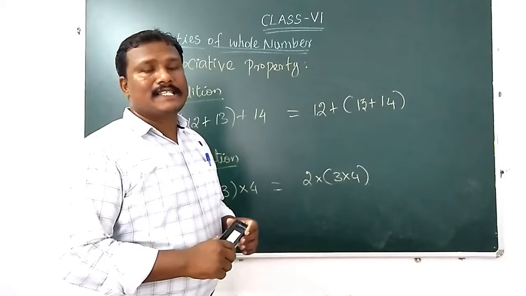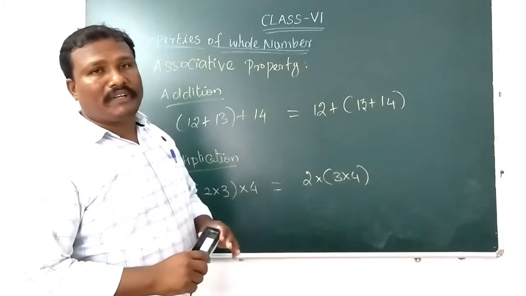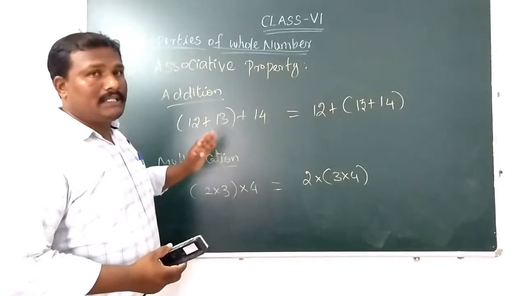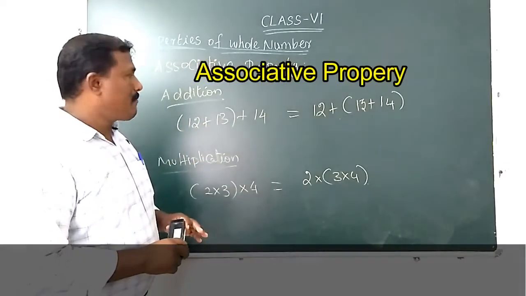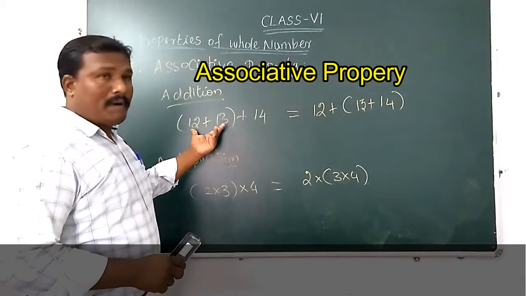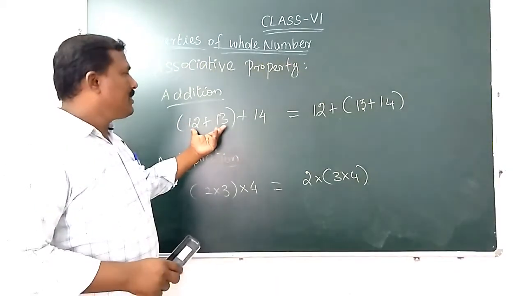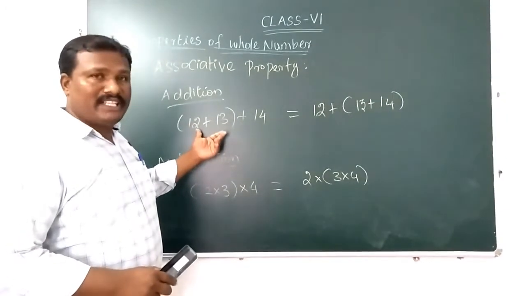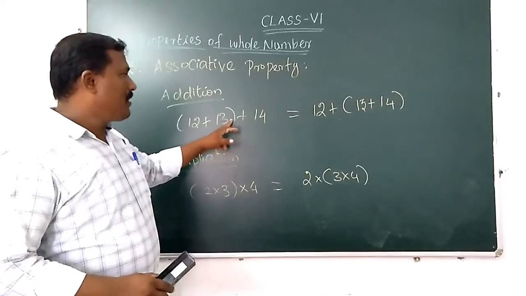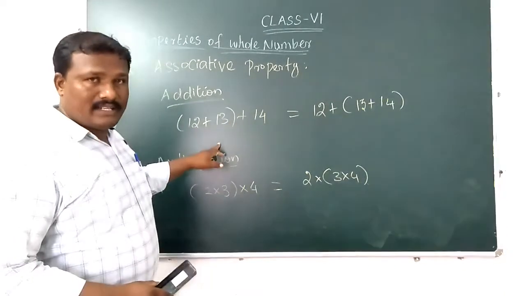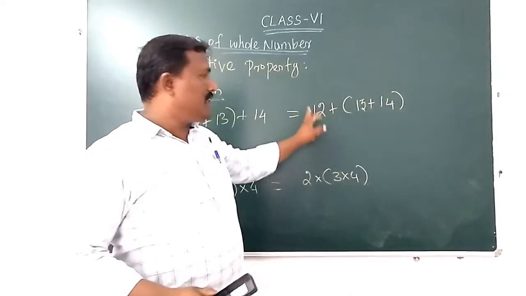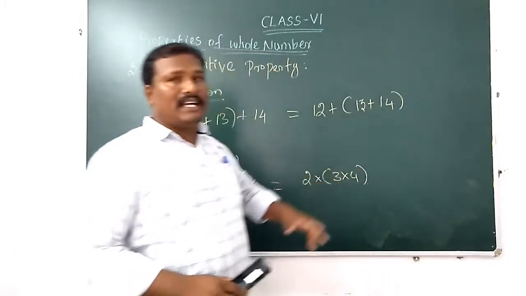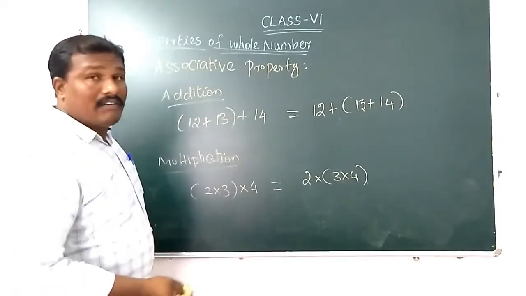Okay students, let me discuss the associative property. When we are doing addition and multiplication, is the associative property true or not, we will discuss. It's one group of numbers, the associative numbers. If you simplify 12 plus 13 plus 14, the answer, and also 12 plus 13 plus 14 with a different grouping. If you add these, the answer will be the same. You will check.